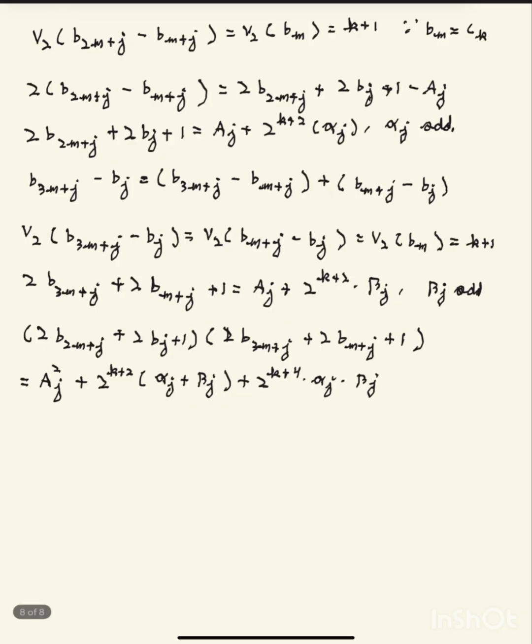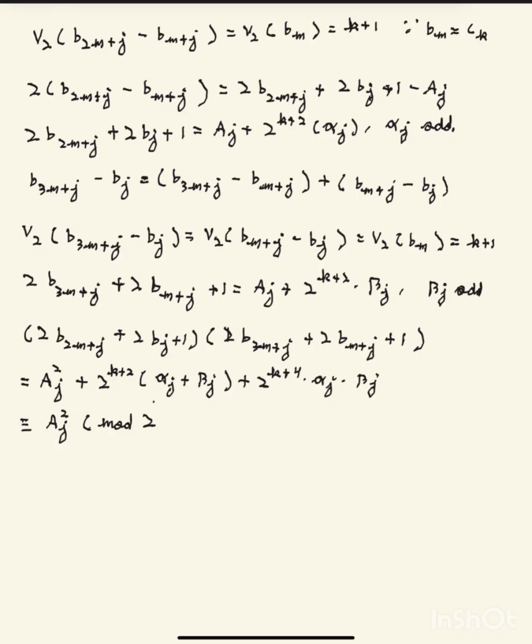We take this mod 2 to the k plus 3, and since alpha_j plus beta_j is even, we get a power of 2 to the k plus 3 here. So taking this mod 2 to the k plus 3, everything else cancels, and this is just a_j squared mod 2 to the k plus 3.